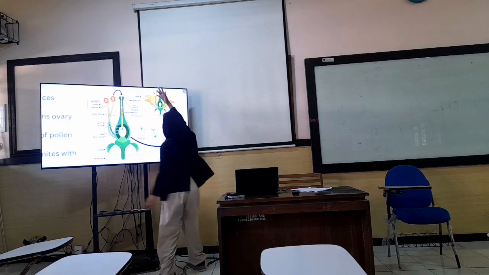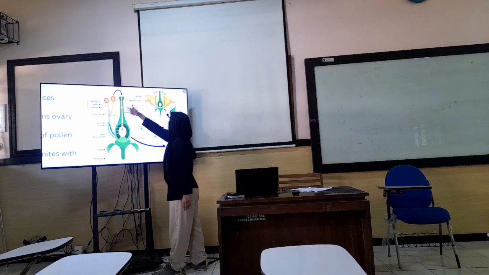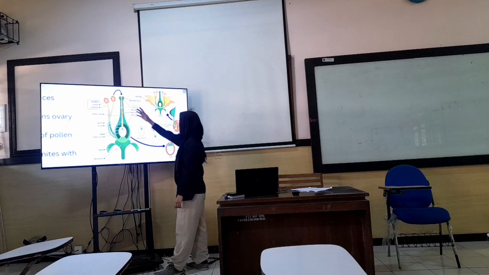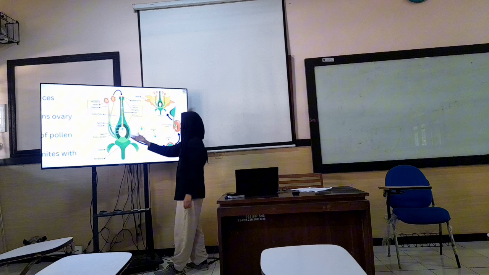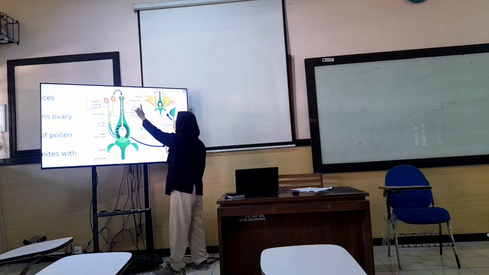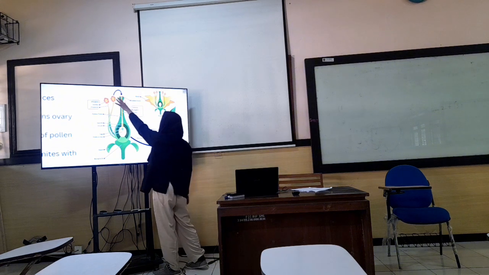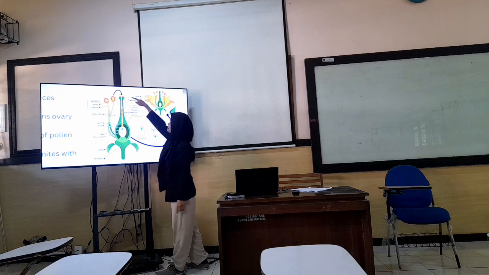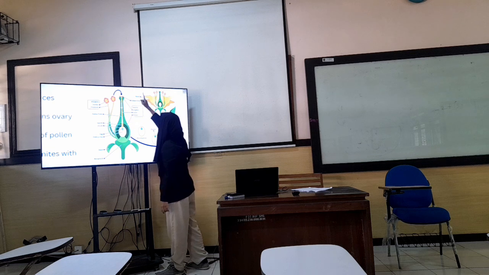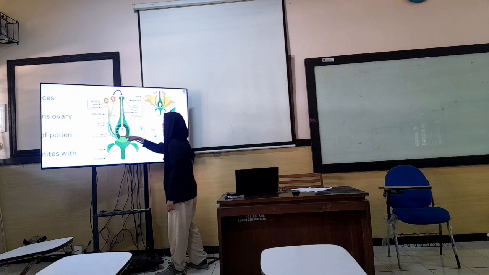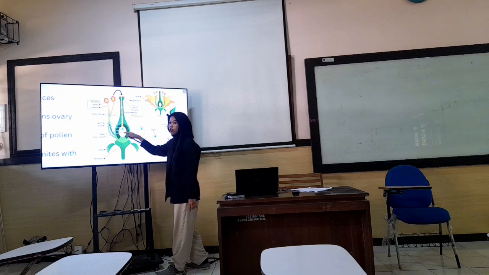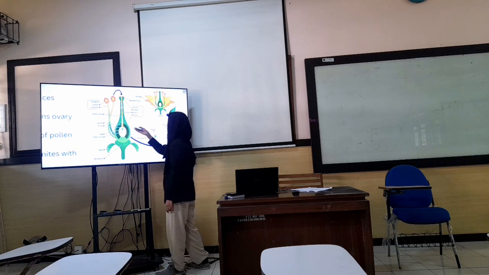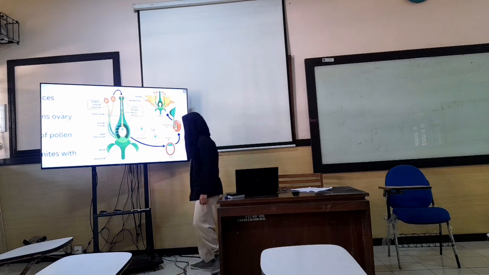And here is the pistil. The pistil is the female part of the flower. The pistil includes the stigma. The stigma is the part where pollen lands. Then the style, the long tube here. And the ovary. This part contains the ovule, or the egg of the flower.